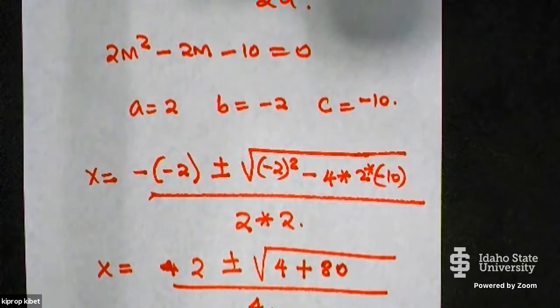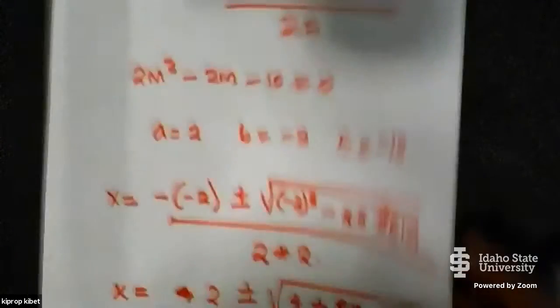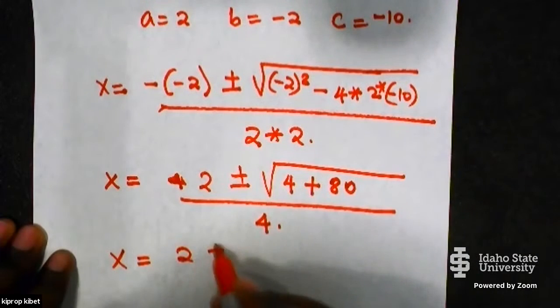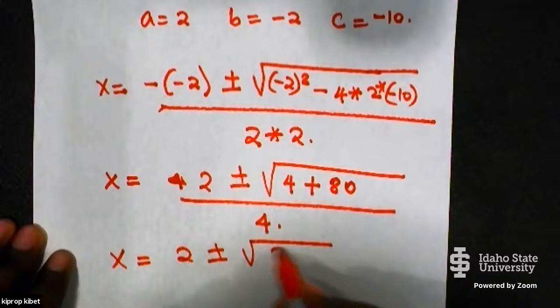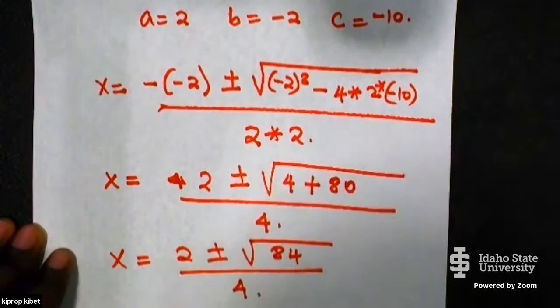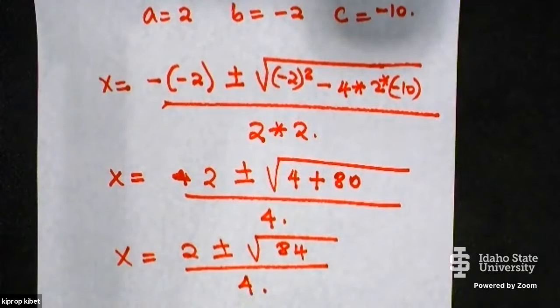So x equals 2 plus or minus the square root of 84, all over 4.